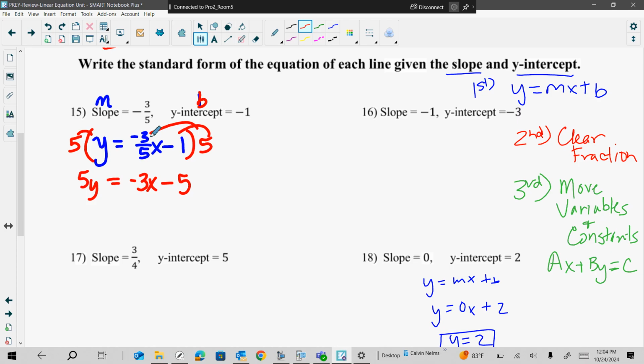All right. Step 3 says move your variables and constants so it's ax plus by, meaning the x and the y need to be on the left side. So I have to move this negative 3x by doing plus 3x on both sides. So now I have 3x plus 5y equals negative 5. And that is standard form.